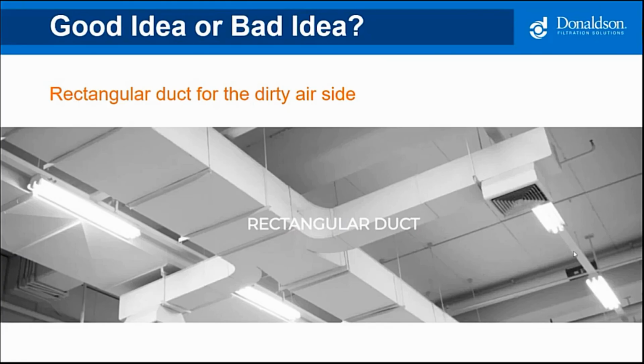If I have a rectangular duct, the velocities in each of the corners are going to be lower than my conveying velocity. Therefore, the dust will settle until my ID becomes round. So you're telling me I'm going to fill each one of those corners, primarily on the bottom, not necessarily on the top, but we're going to fill and we're going to capture the dust there. So that's why we say no to the rectangular duct.